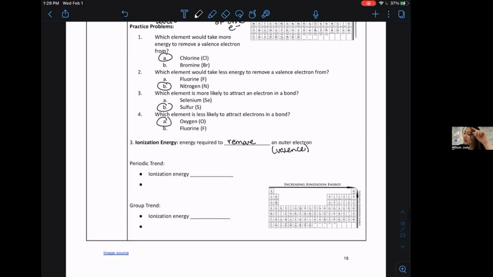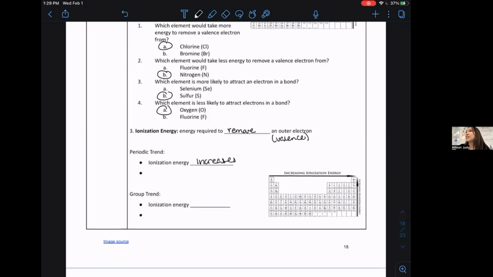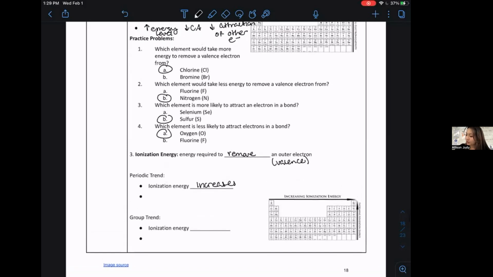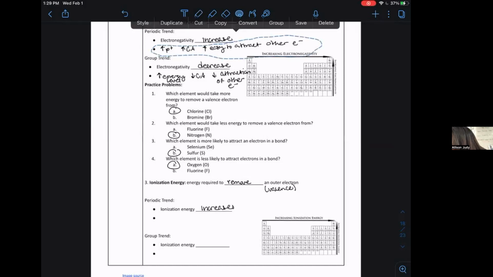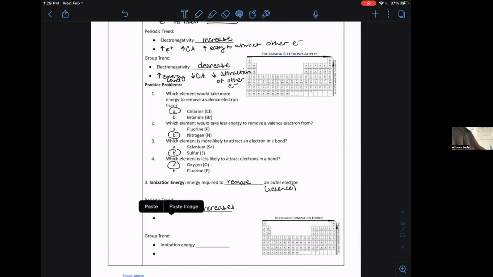So, periodically wise, ionization energy increases across a row or period. It has the same trend as electronegativity, but a different meaning. But instead of saying easy to attract another electron, I said it makes it really easy to steal.